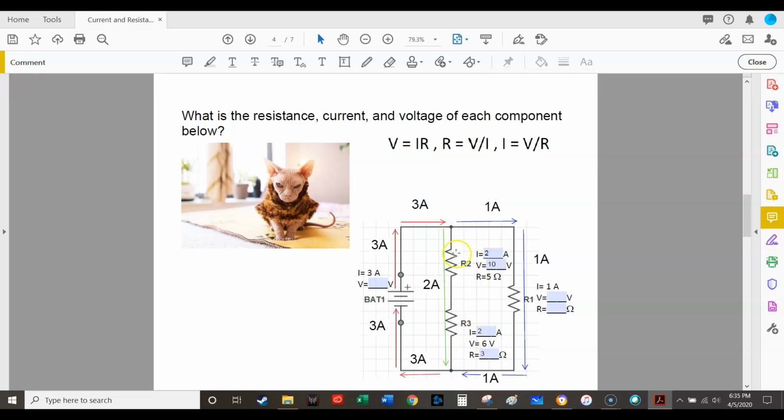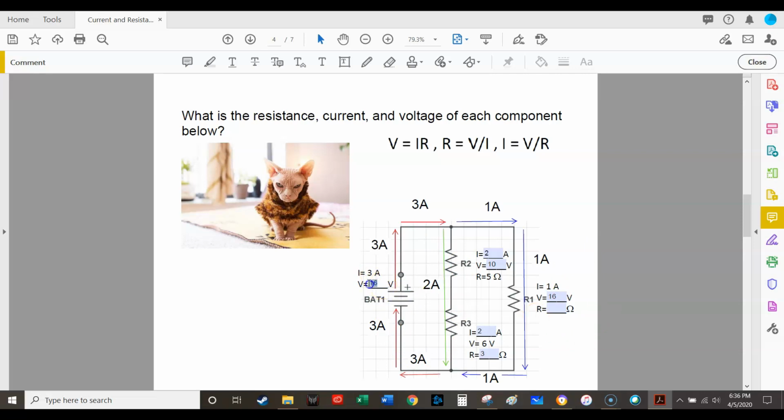This is altogether 16 volts across this middle branch, and that means this loop right here is 16 volts. And that means this is 16 volts here. This loop right here is going to be 16 volts.